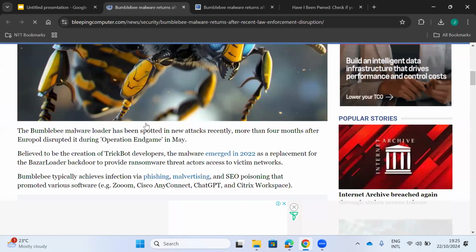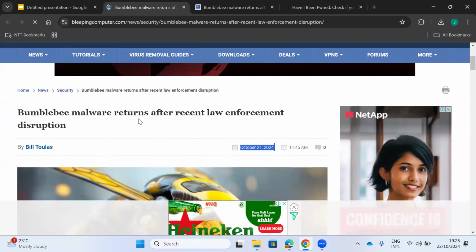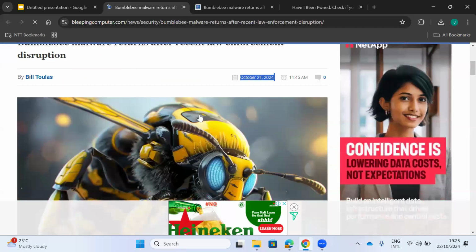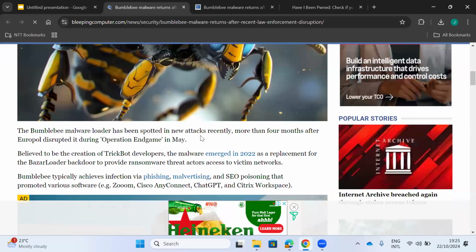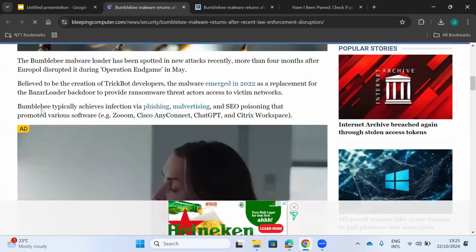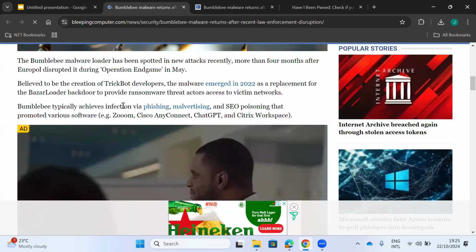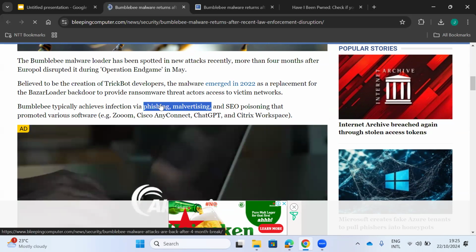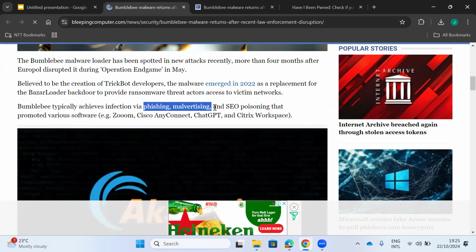This particular Bumblebee malware family had been taken down, but then we see that it has been able to come back, sort of, and now it's using different techniques. Basically, this family is going to achieve infection via phishing or malvertising, and we're going to talk about malvertising or even SEO poisoning when we are looking at the non-phishing techniques.